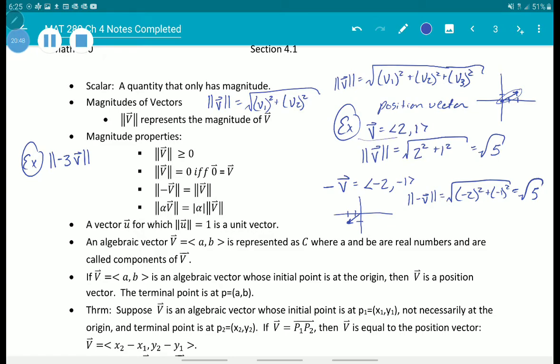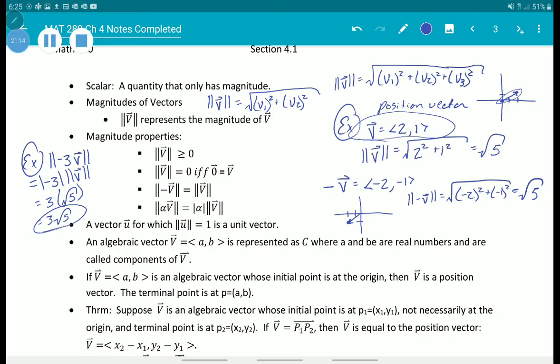And we're still going to use that v is equal to 2, 1. Well, that would be equivalent to taking the absolute value of negative 3 times the magnitude of v. And our magnitude of v was square root of 5. So we're going to have 3 square root of 5 for that answer.